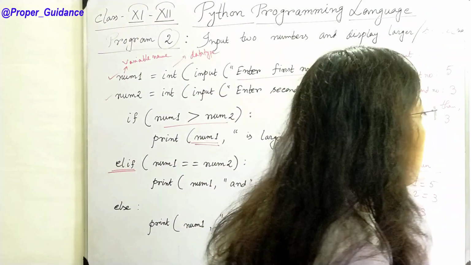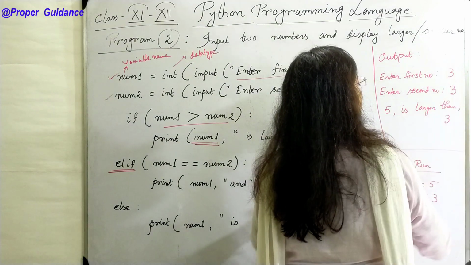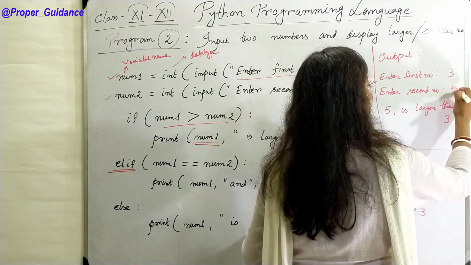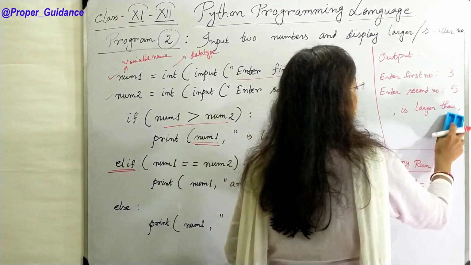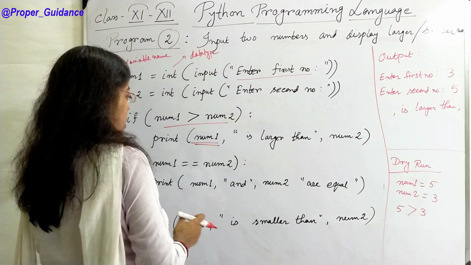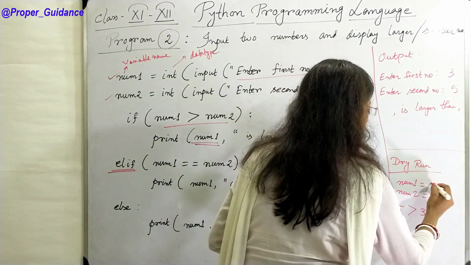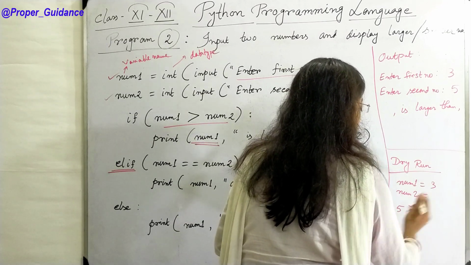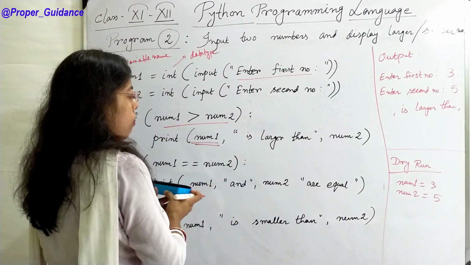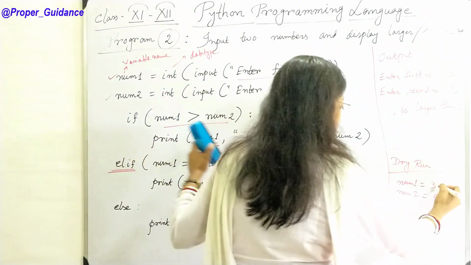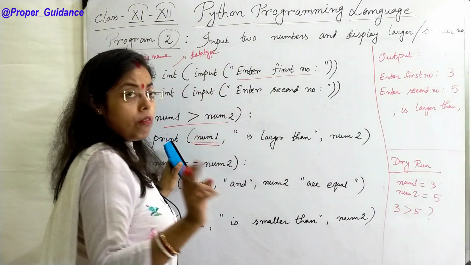Suppose we give the values like this: enter first number 3 and the second number 5. Then what will happen? See here, num1 equals 3 and num2 equals 5. In the if statement, is num1, 3, greater than 5 or not? 3 greater than 5?